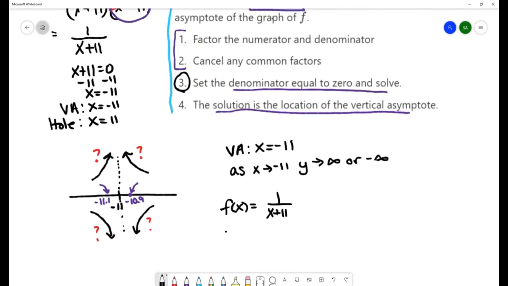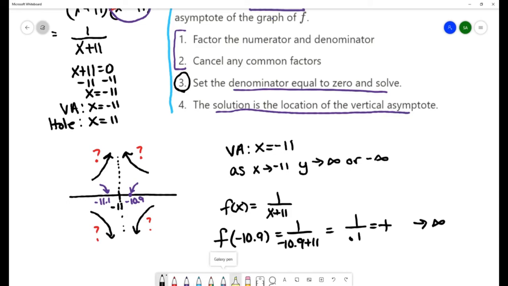So I'm going to test it with negative 10.9. 1 over negative 10.9 plus 11. That's 1 over positive 0.1. And that is a positive number. And so that tells me that on the right, the y is going to approach infinity.